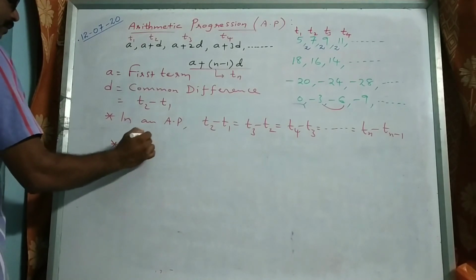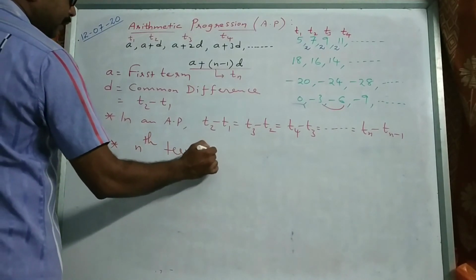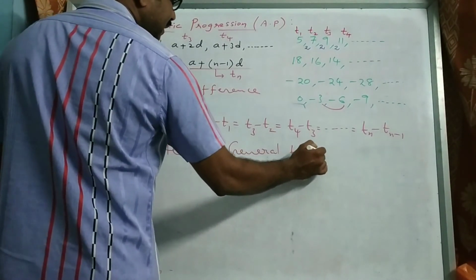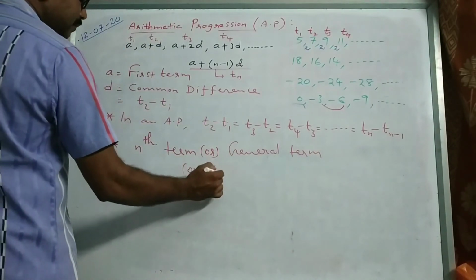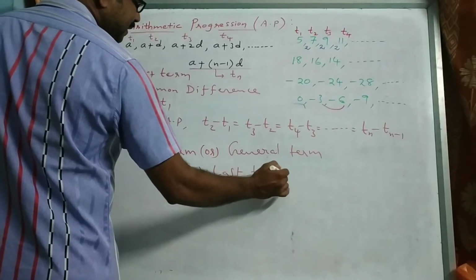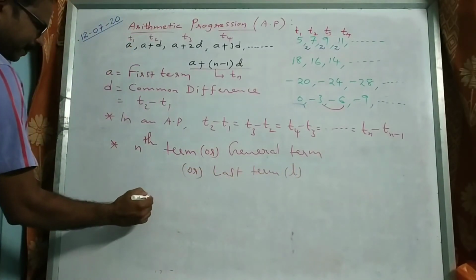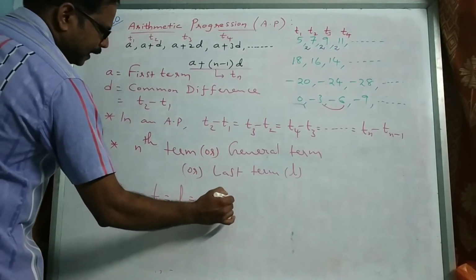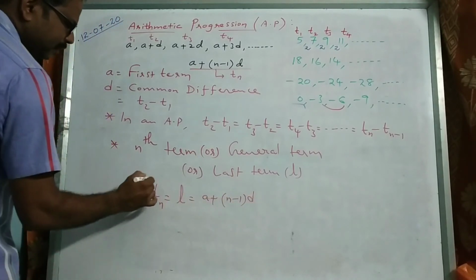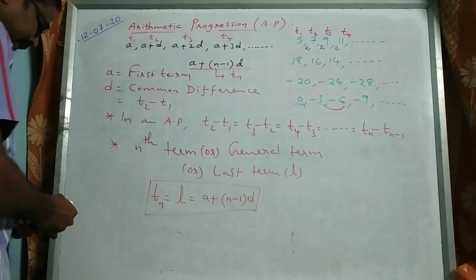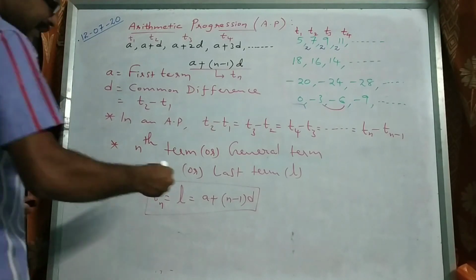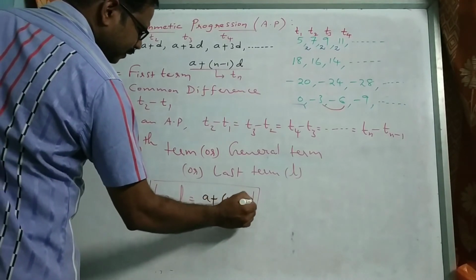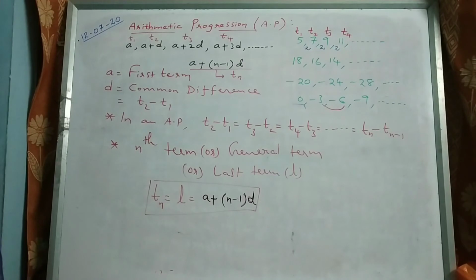So what do you call this term? Nth term, or we say general term, or last term. The last term is denoted by L. So we write either Tn or L. Both are the same. The formula is A plus n minus 1 into D. This is the formula to find the nth term or general term.